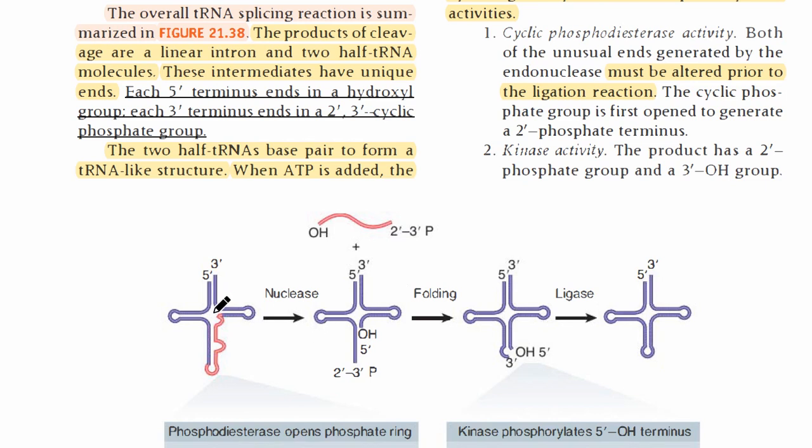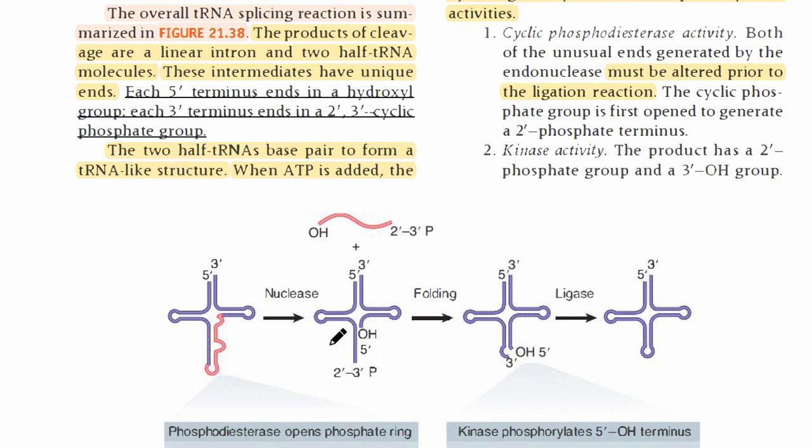We can see here that the product of the cleavage, after the endonuclease makes the cut over here, let me annotate. When the endonuclease makes the cut over here, what do we get? We get this intron, this red colored region, as well as two half tRNA molecules.